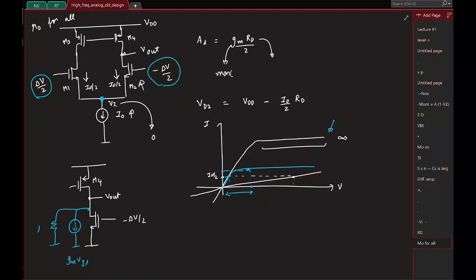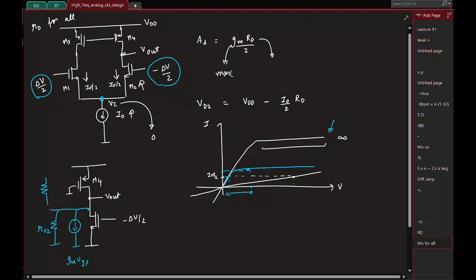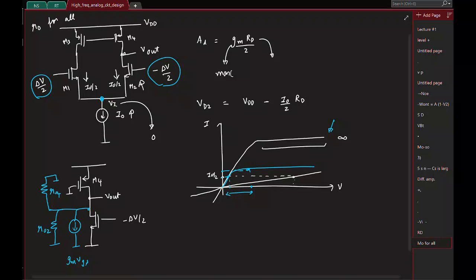You will have R0 of the transistor, and similarly for M4 you see that the gate is at incremental ground, the source is also at incremental ground, so it will just have R0 of this guy, which is ground. So the voltage here is minus GM VGS times the resistance you have. So V out is basically GM delta V by 2.